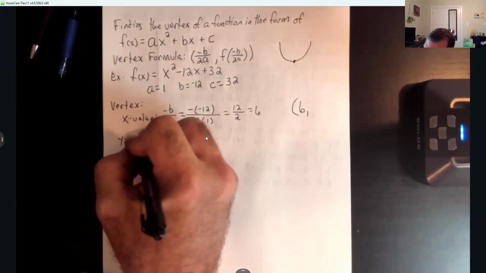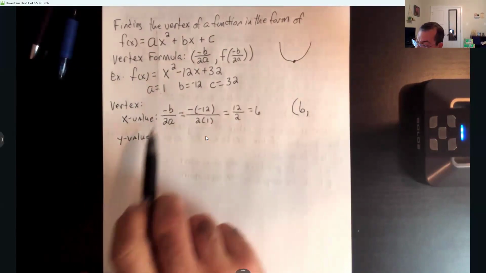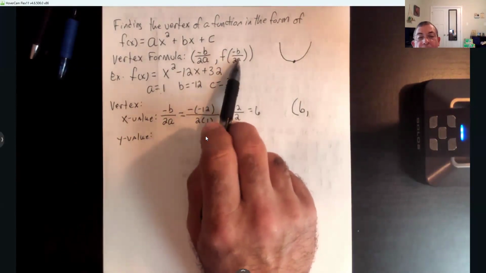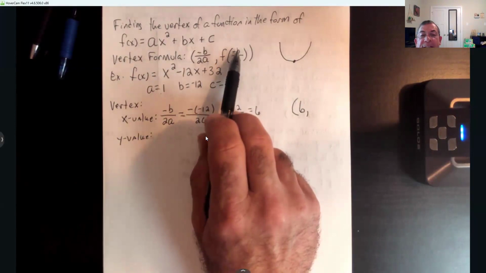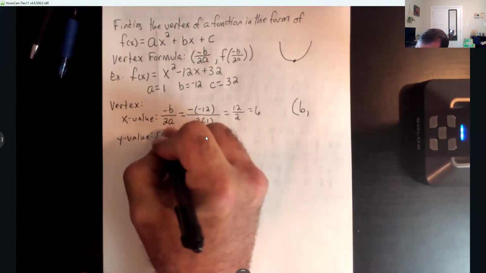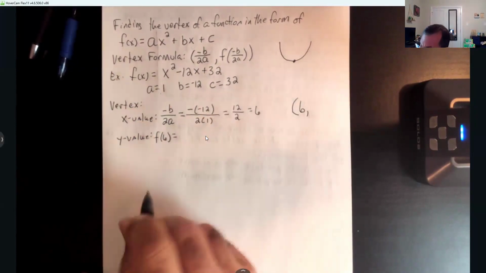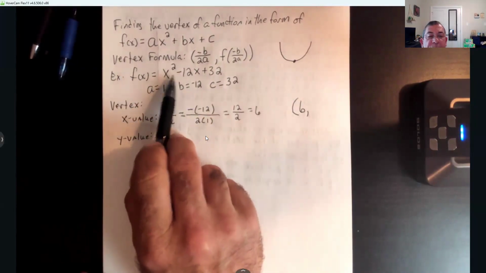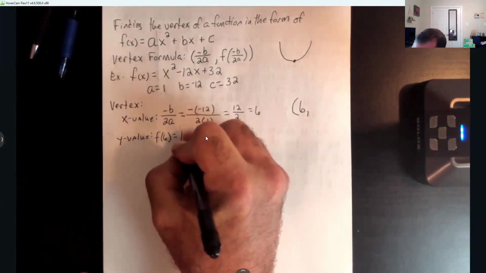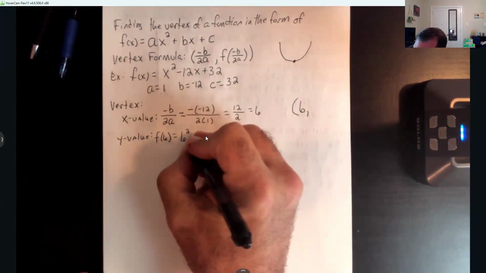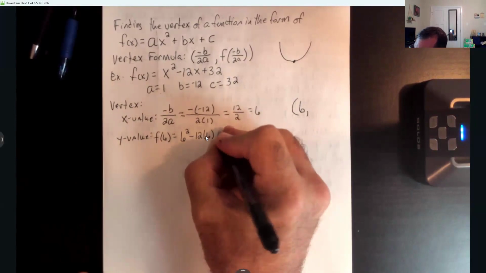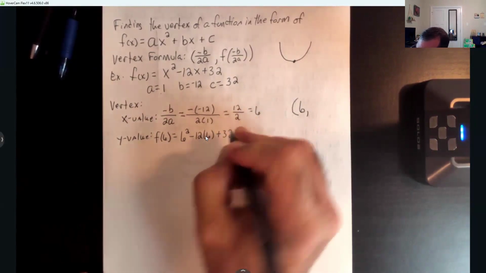Then we find the y value. Now remember, for the y value, I said you find f of that 6. Since negative b over 2a gave me 6, I'm finding f of 6. So we're going to take our function and put a 6 in for both of these x's. So I'll have 6 squared minus 12 times 6 plus 32.